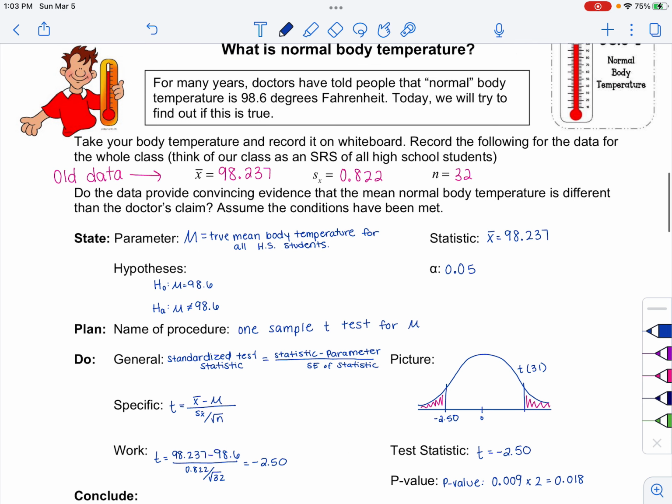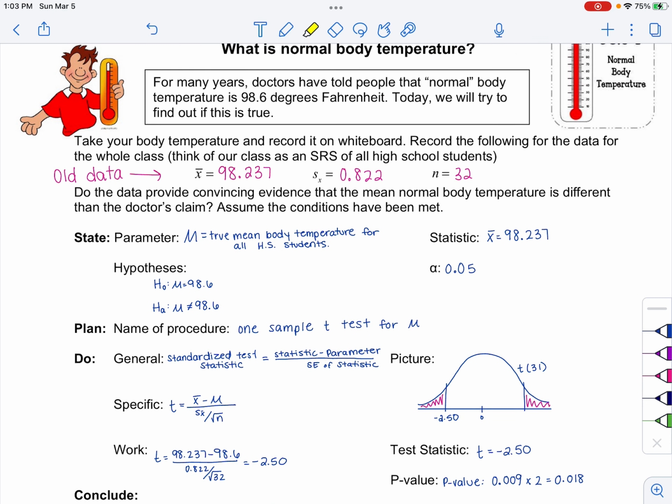Our hypotheses. The null hypothesis is that the mean is 98.6. What that's coming from is the problem itself, which tells us that a normal body temperature is 98.6 degrees. So that's what we're testing, whether or not this is true. Now, the alternative, and I hope you saw this, is that mu is not equal to 98.6.